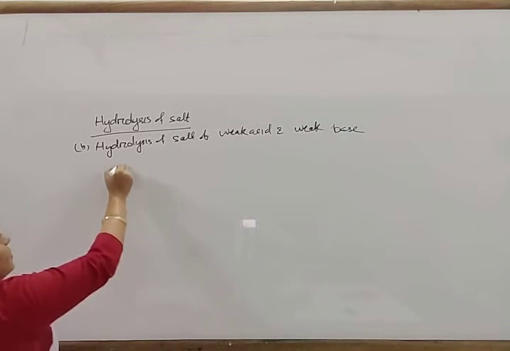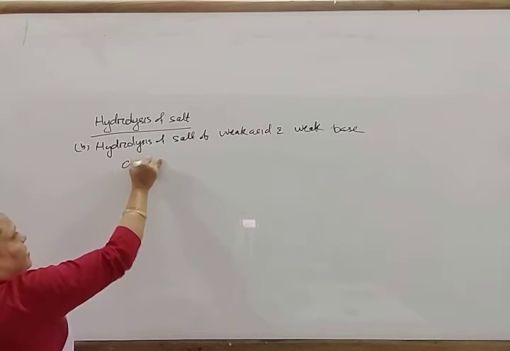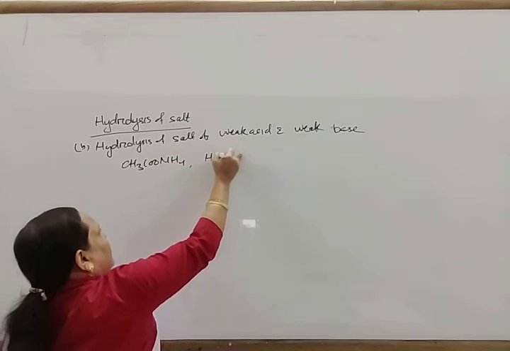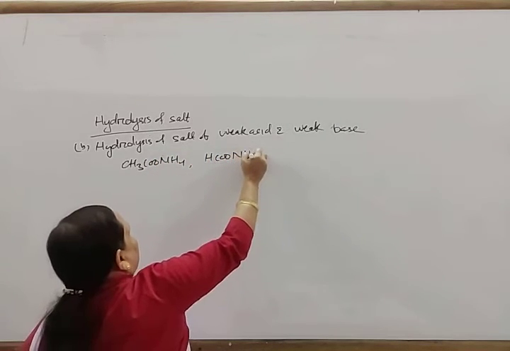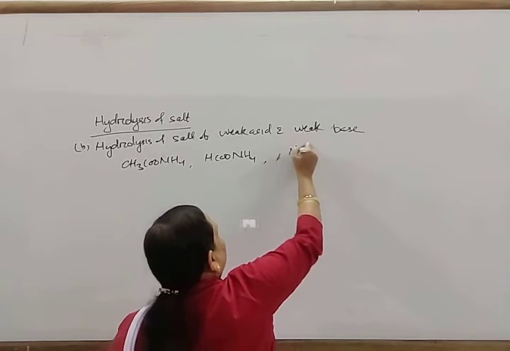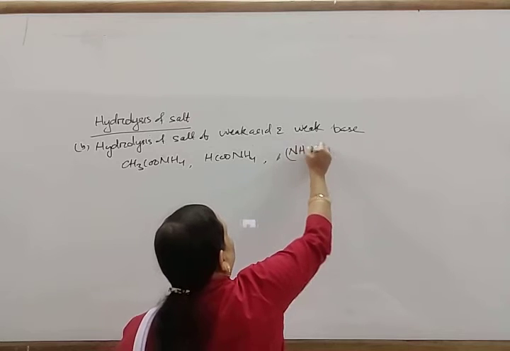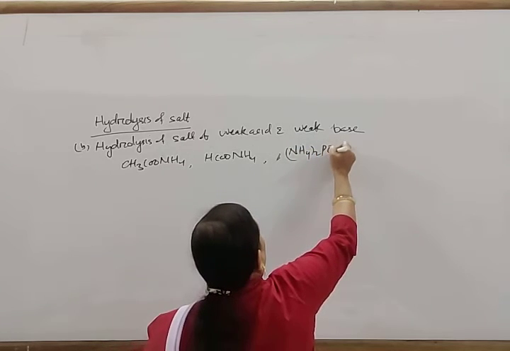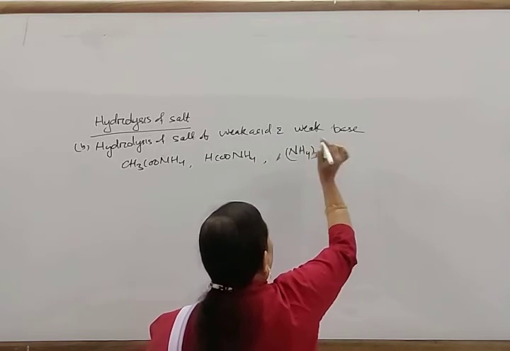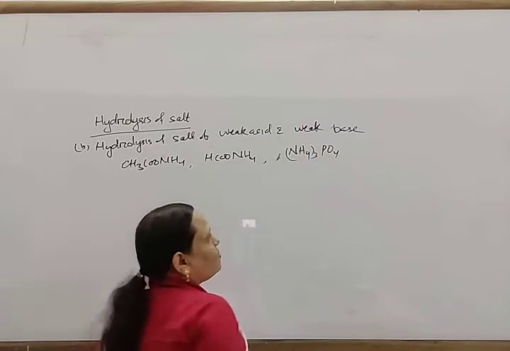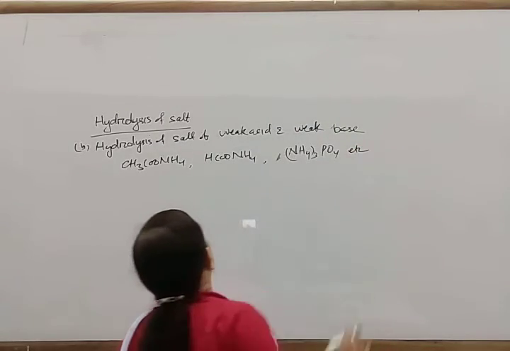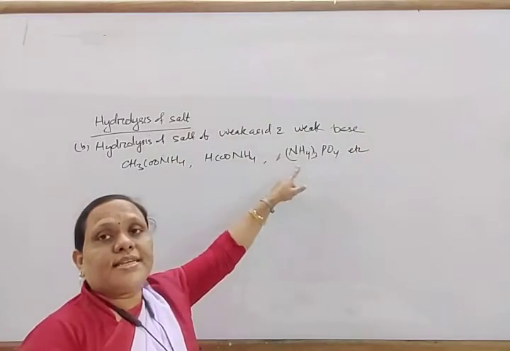Some examples of this type of salt are CH3COONH4, ammonium acetate, (NH4)2CO3, ammonium carbonate, and (NH4)3PO4, ammonium phosphate. So these are some examples of salts of weak acid and weak base.